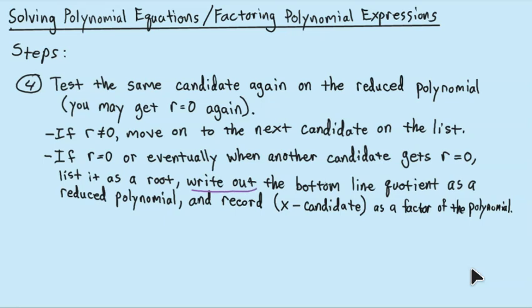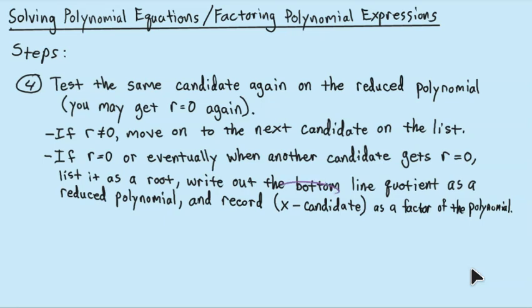Then you're going to write out the bottom line quotient from the synthetic division as a new reduced polynomial. So your polynomial is going to get reduced and then reduced again and then reduced again until it gets smaller and smaller and smaller. That's how we find the solutions, by making the polynomial smaller and smaller through synthetic division.